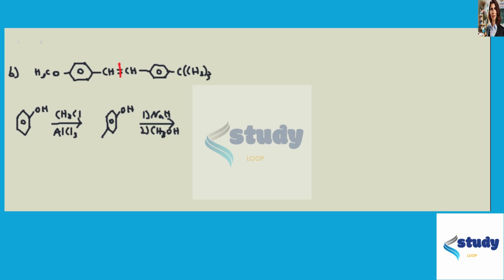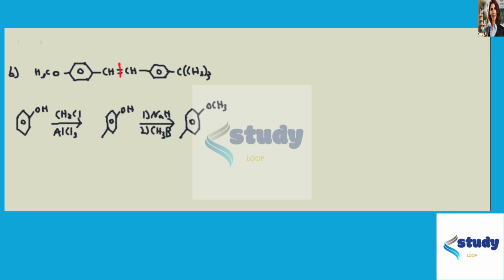Or actually, no, I apologize. We would want to use CH3Br, so methyl bromide after treatment with a strong base. So that is going to get us where we want to be. And so we now have the methoxide here.